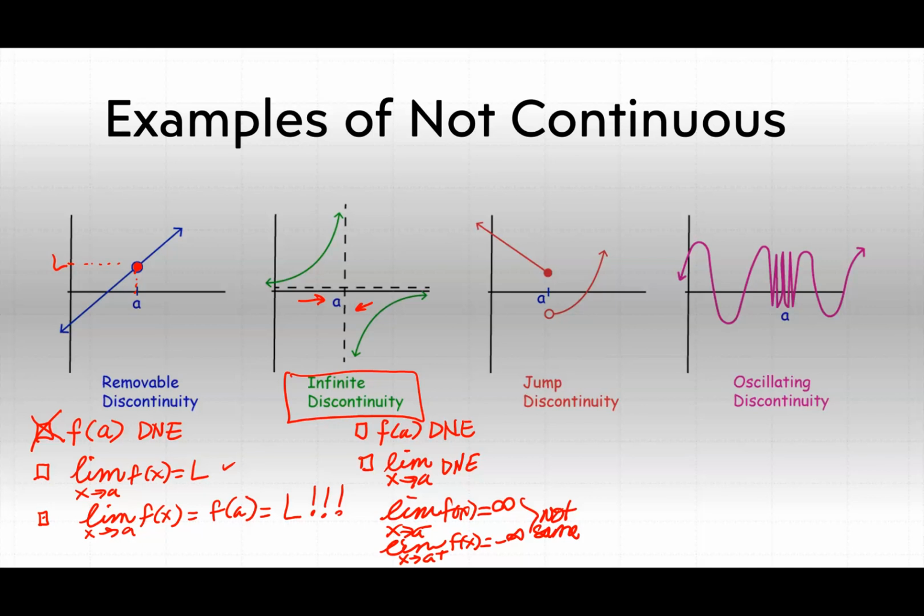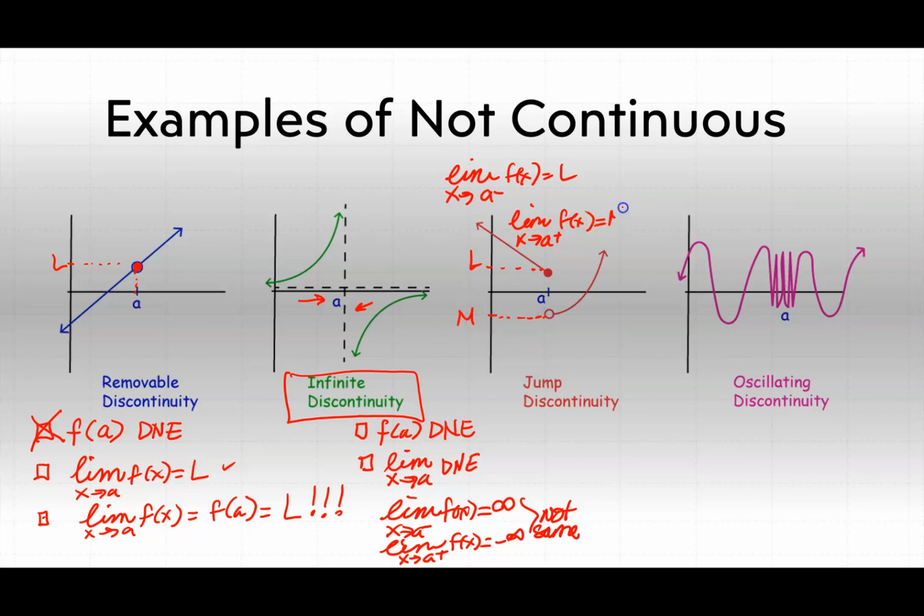Okay, here, a jump discontinuity. Well, as we can see, the limit as x goes to a from the left is going to equal this value L. Whereas the limit as x goes to a from the right of f of x is equal to whatever that number is.